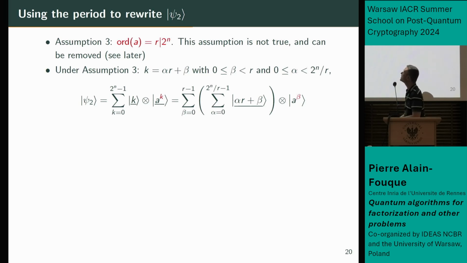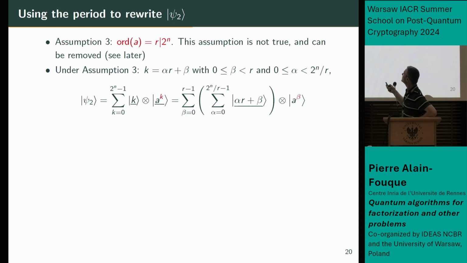So for instance, if we try to factor 15, r is equal to 4, and we see that this is the case because 4 is a divisor of 16, for instance. Okay, but now it will allow us to rewrite the state more easily, and to understand what is the effect of the periodic function.